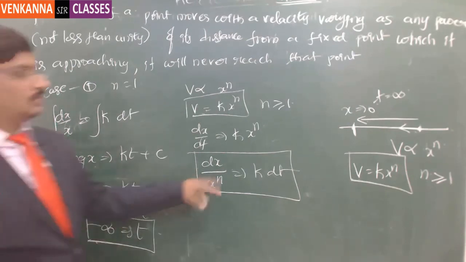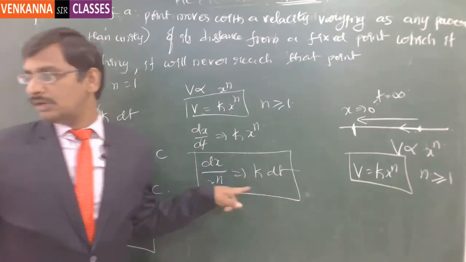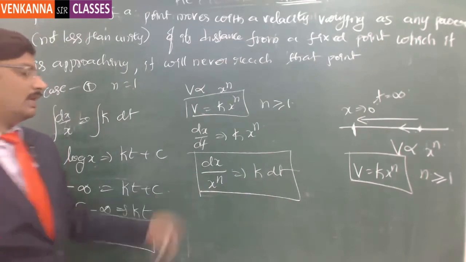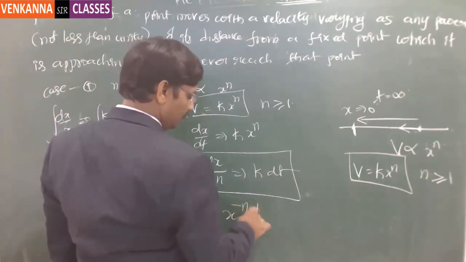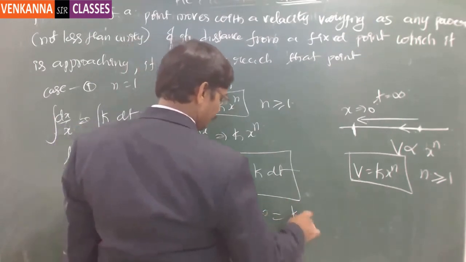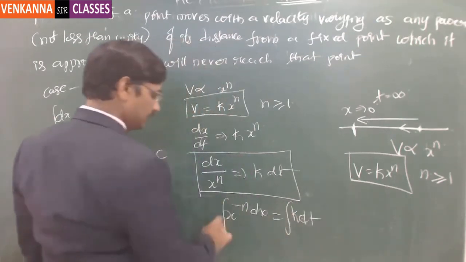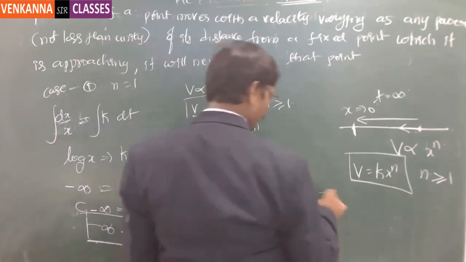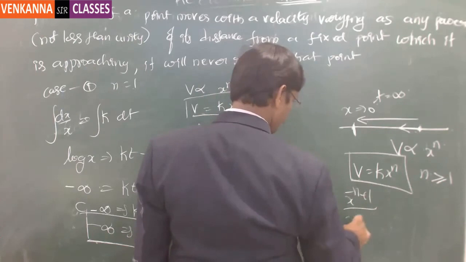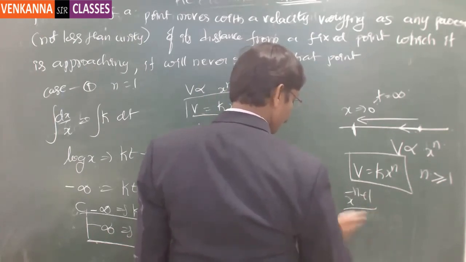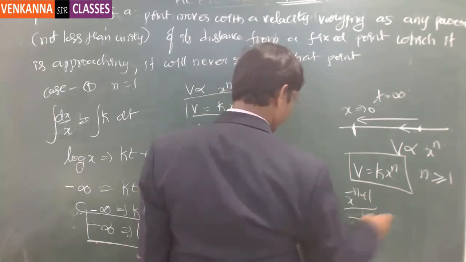Now you take n greater than 1. If n is greater than 1, then this integral is x power minus n into dx is equal to k dt. Now again integrate it. So x power minus n plus 1 divided by minus n plus 1.